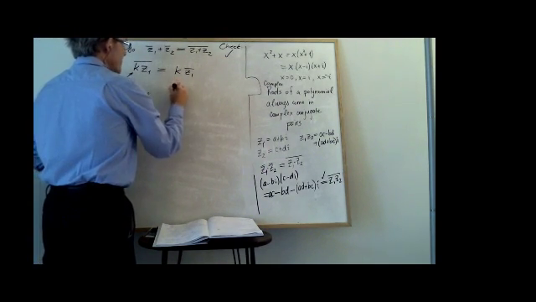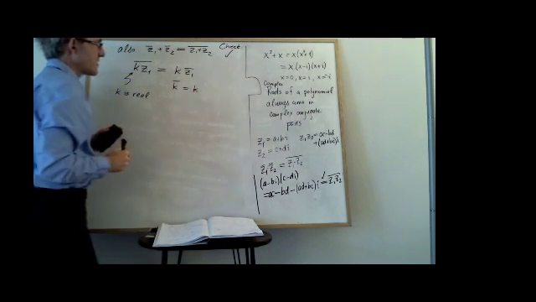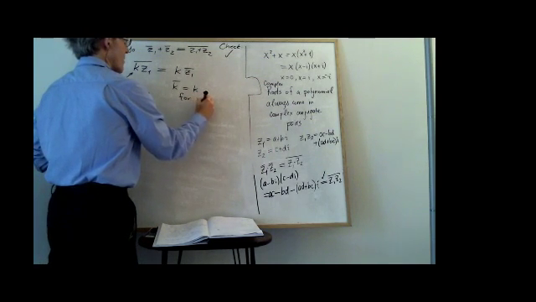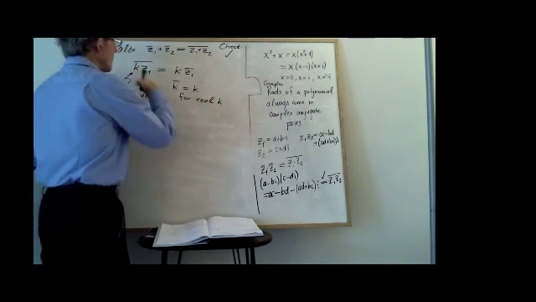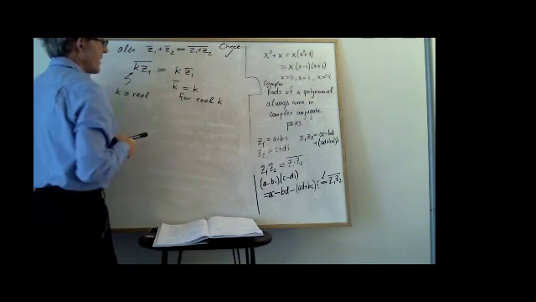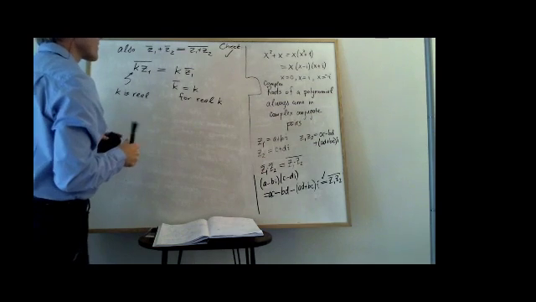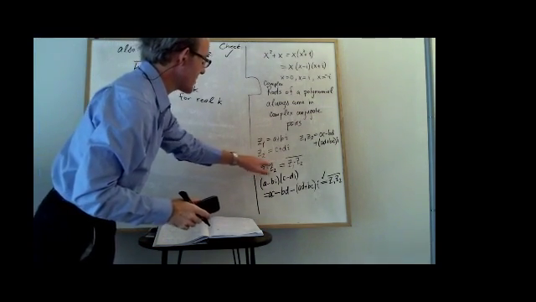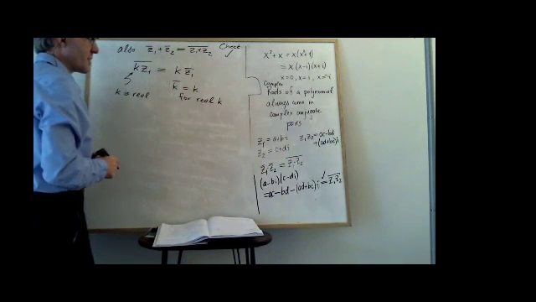It's because for real k, the conjugate of k is equal to k itself. I'm just using this property along with that. I'm using this notation, which means complex conjugate, by the way. I should have mentioned that before.